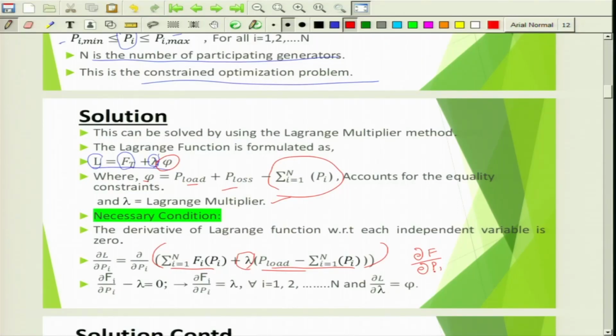So dou F1 by dou P1 minus the total generation, P load being a constant anyway, and you will get P1 plus P2 up to Pn, and dou P1 by dou P1 will give you 1, multiplied by lambda, so you get just lambda. Similarly, for the second generator you will get dou F2 by dou P2 minus lambda, and all of them equal to 0.